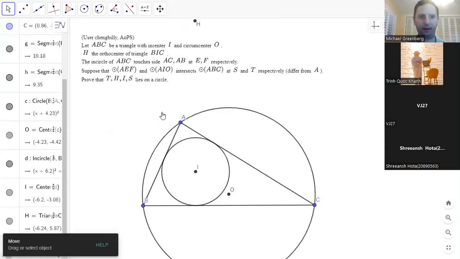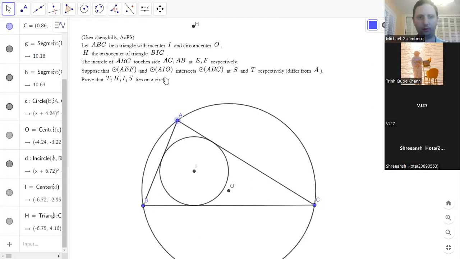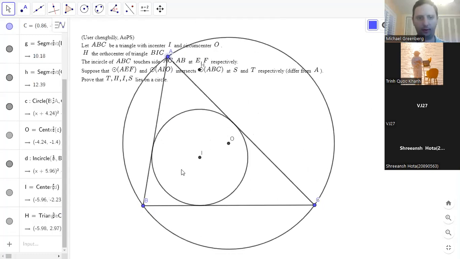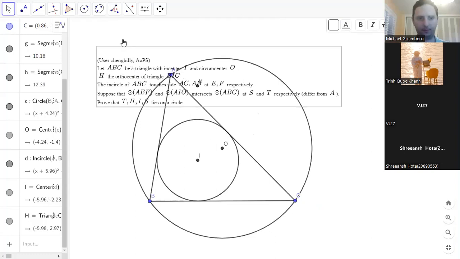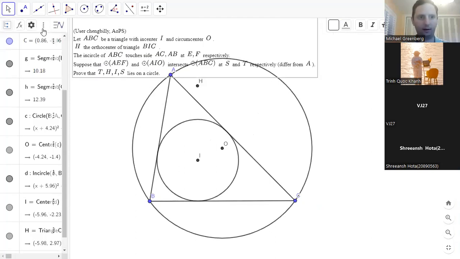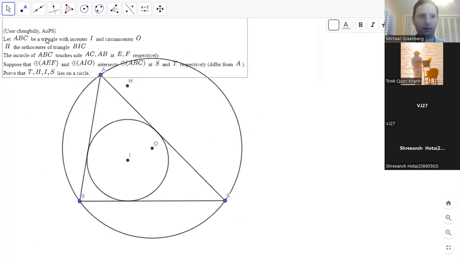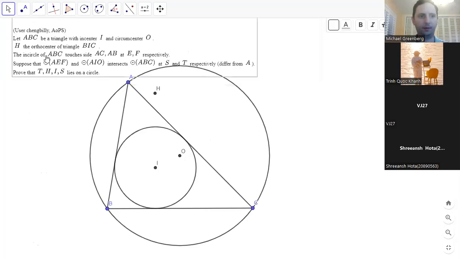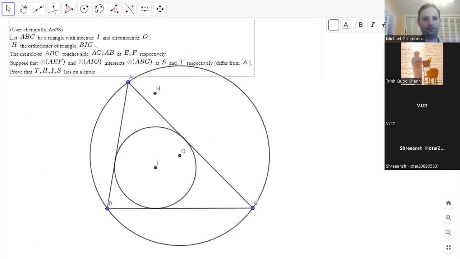Let's see if I can make H closer to the rest of the diagram. Maybe something like this, shrink it a little bit. Okay, so E and F are where the incircle touches AC and AB. Let me draw D first.